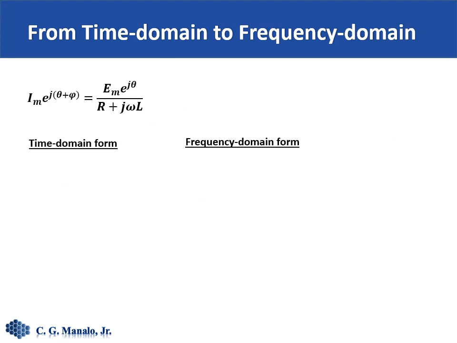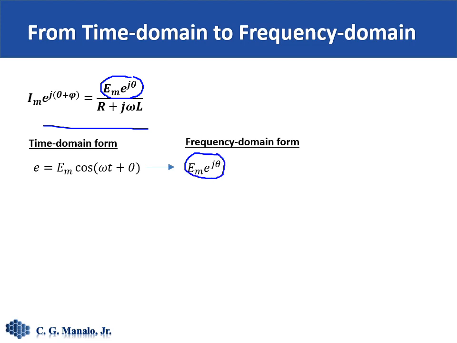Let me go back to this expression and discuss further what happened. This expression here is the frequency domain equivalent, or form, of the sinusoid in our circuit. This R here is the frequency domain equivalent of our resistance in our circuit.